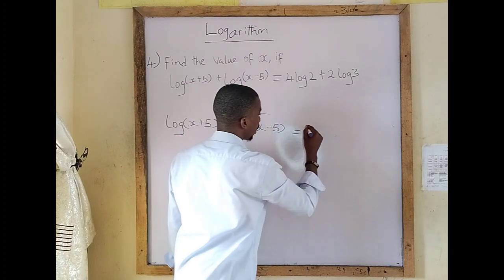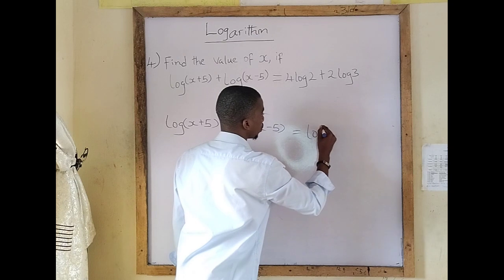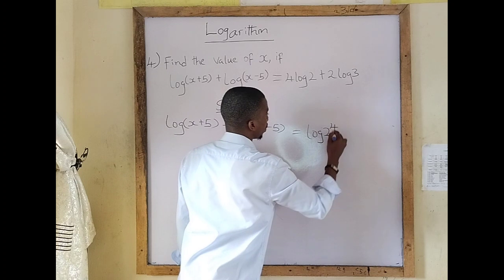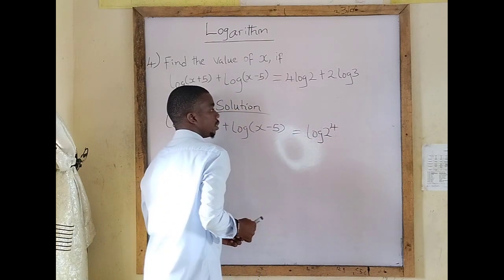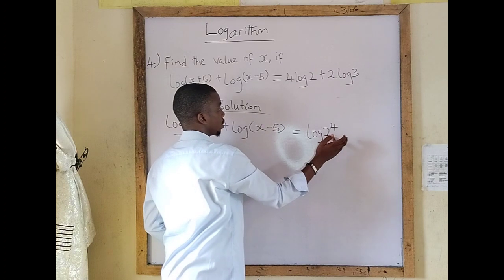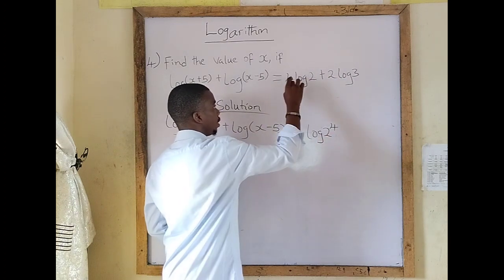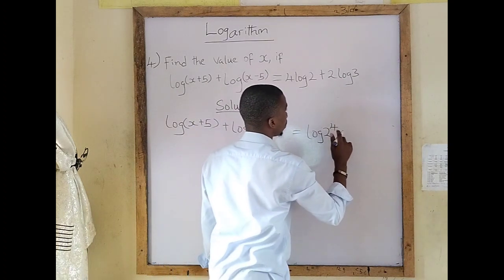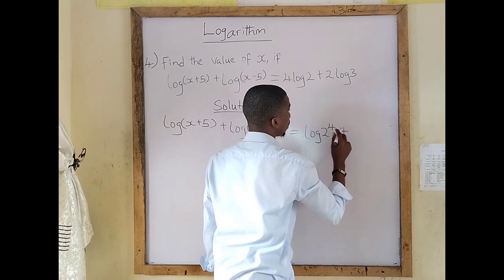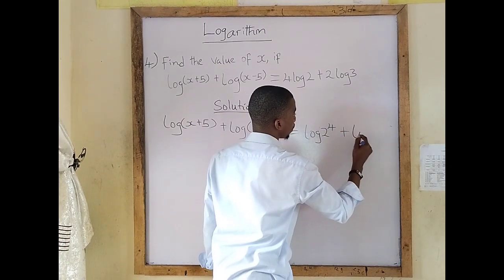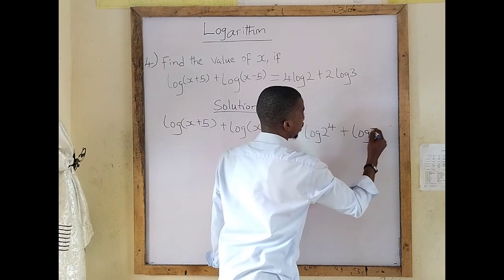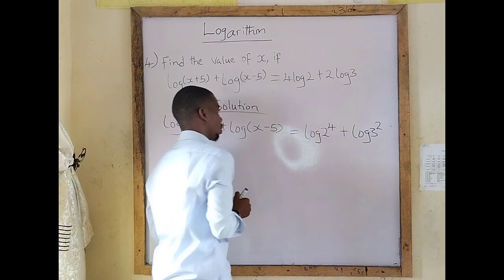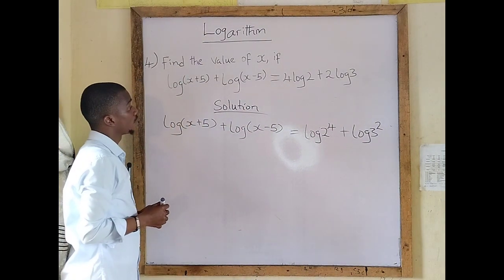So we have log 2 raised to the power 4. This came from this, so we are taking this a step backwards. So we have plus log 3 raised to the power of 2.